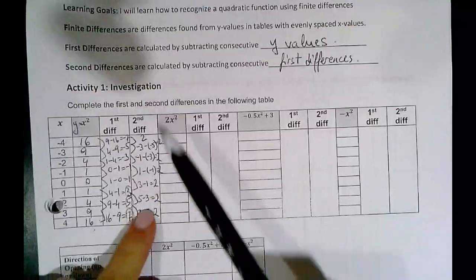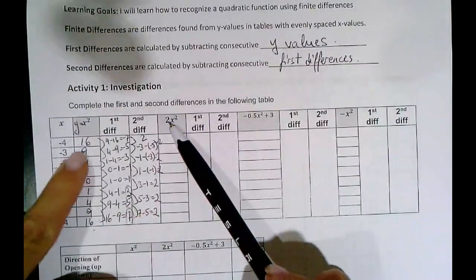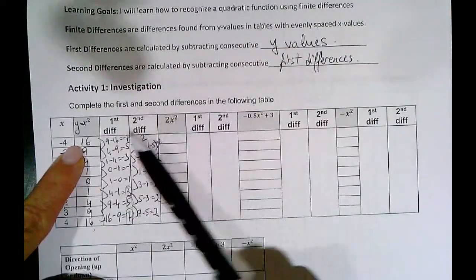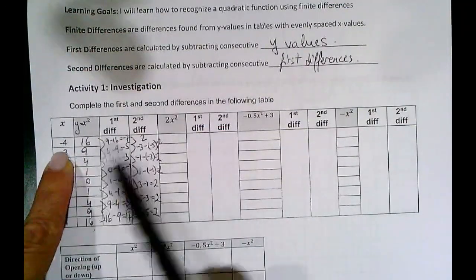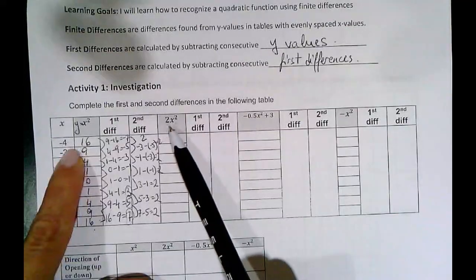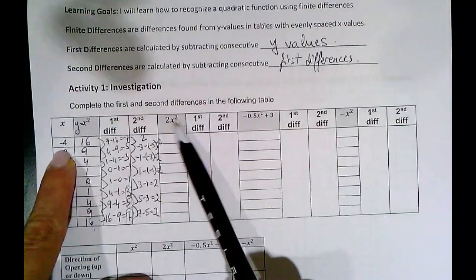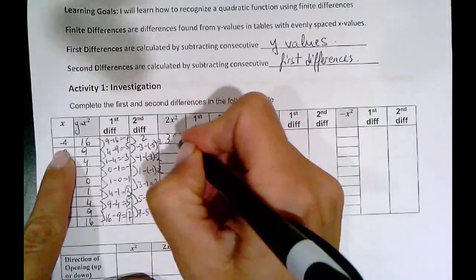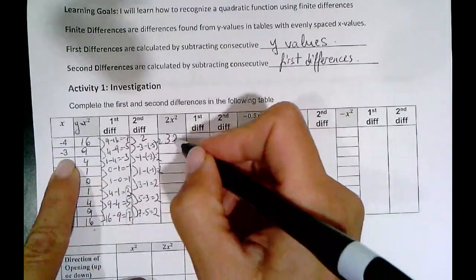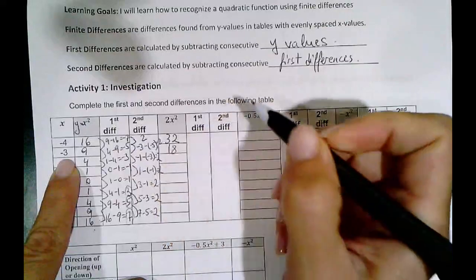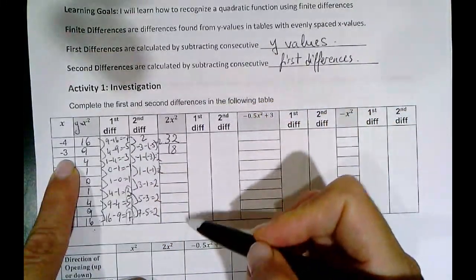Now, what I want you to do is the same thing, the table of values for 2x squared using the same x values. So 2x squared here will be 2 times negative 4 squared, which is 32. 2 times negative 3 squared is 18, and so on, okay?